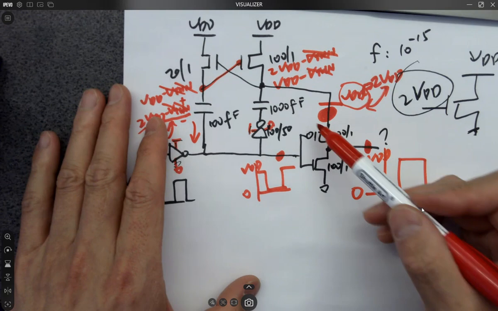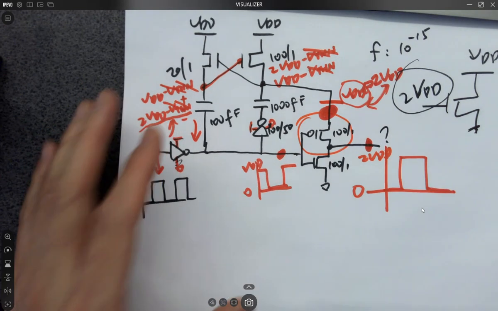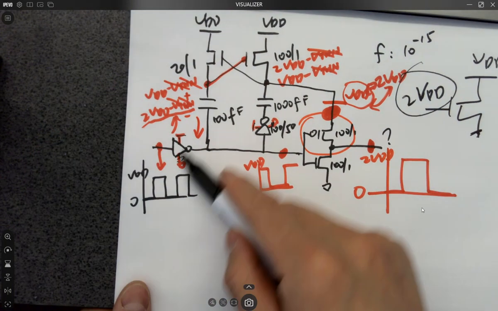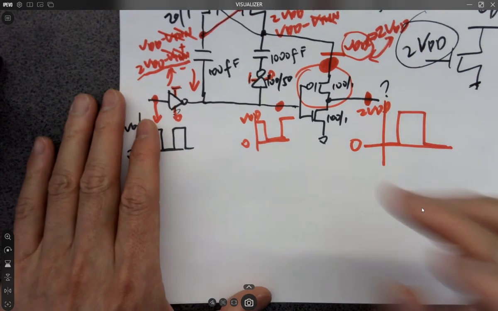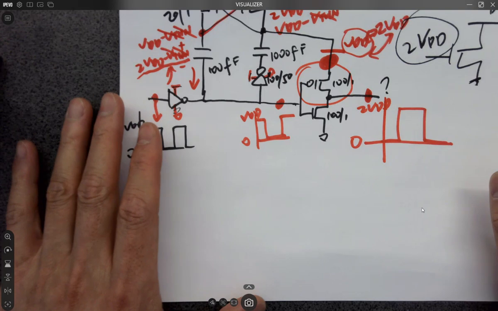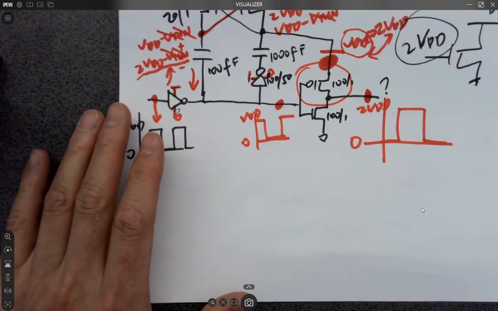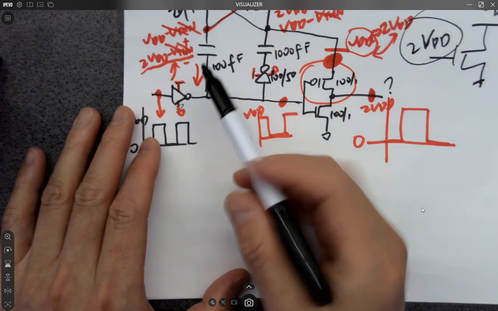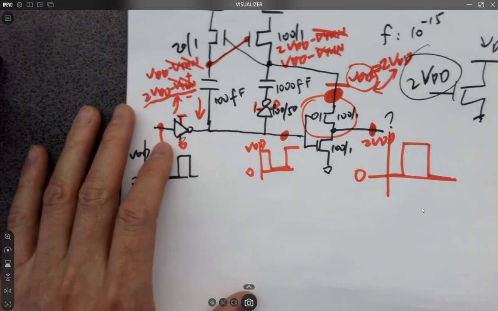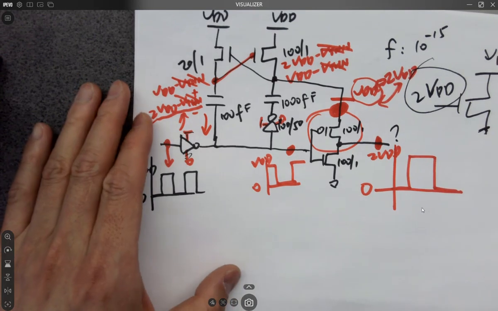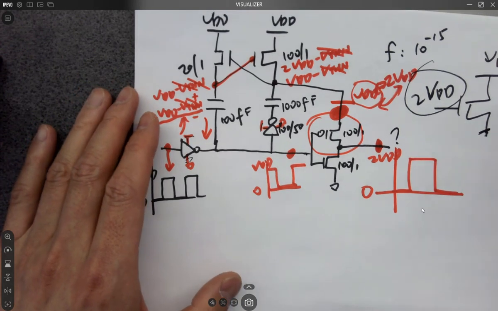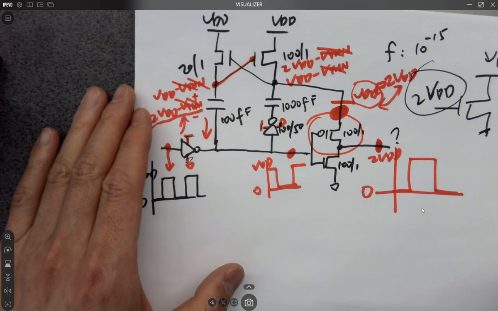Now let's look at the PMOS. Compared to other PMOSes, it's an imposter. It's different. How do we deal with it? Why is it different? You're like, hey, Dr. Lee, we don't have other PMOSes. Do we have other PMOSes?